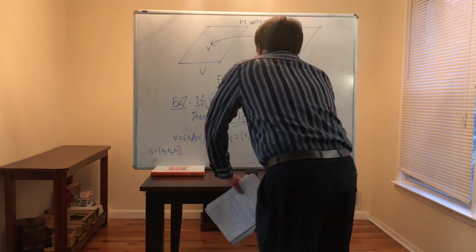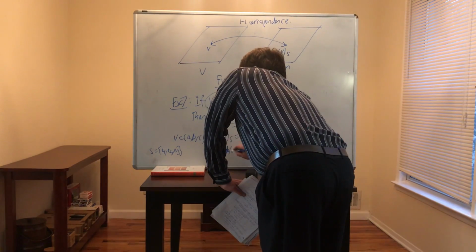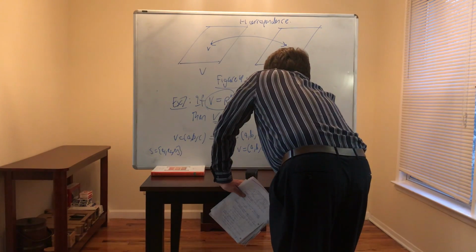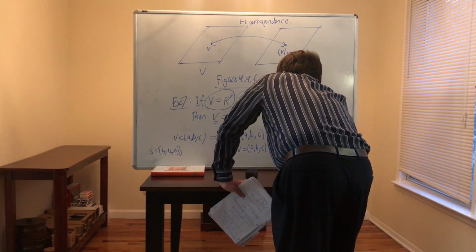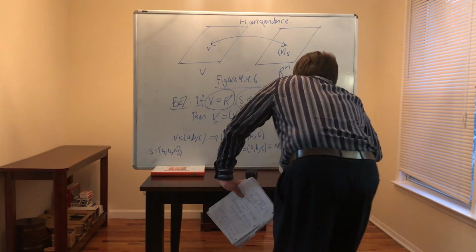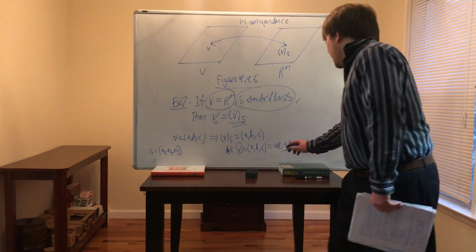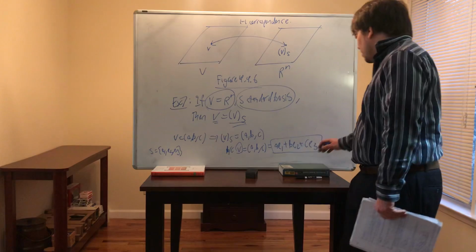That's because the vector V, which is (A, B, C), is equal to A times E1 plus B times E2 plus C times E3. So now you can express V as A E1 plus B E2 plus C E3.